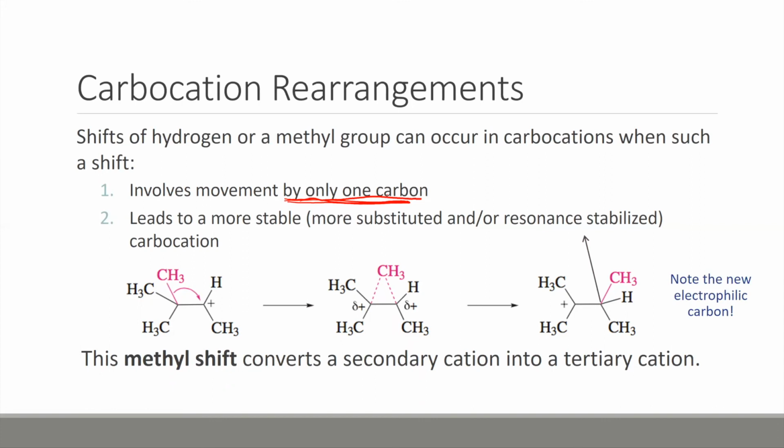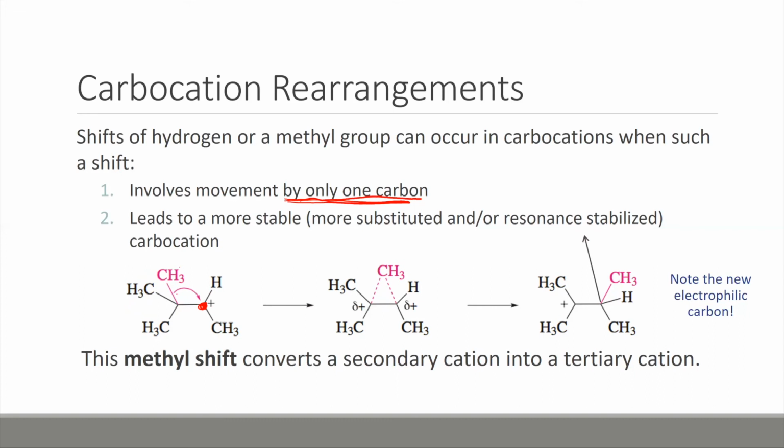So here in our example we showed, remember we started with these 3 methyls on this side. Our alcohol was originally on this side, so we formed the carbocation on this carbon. This is a secondary carbocation, right? It has 1 carbon here and 1 carbon here attached to it. So secondary carbocation.